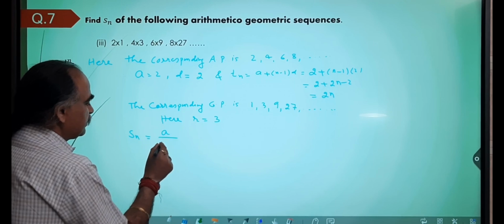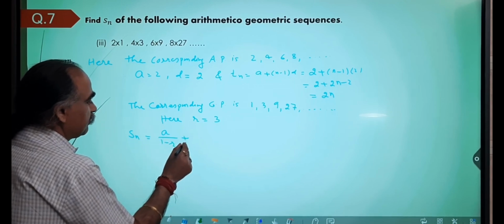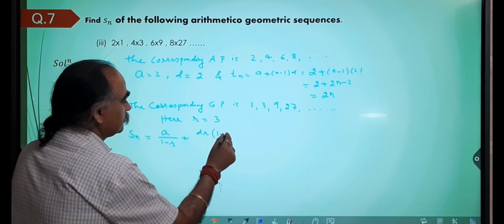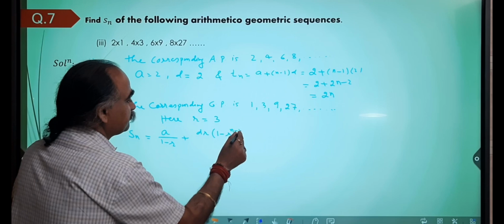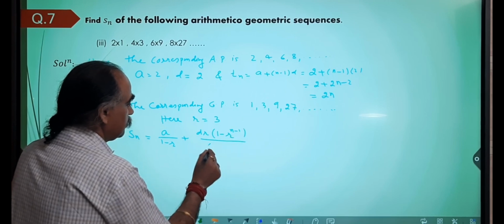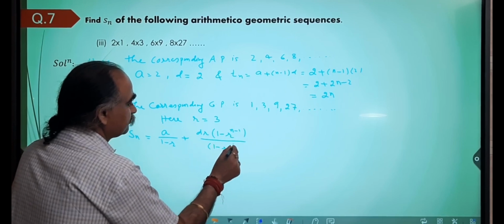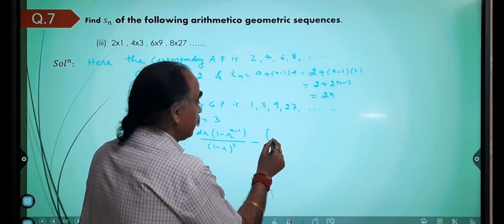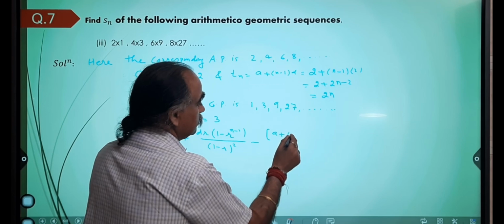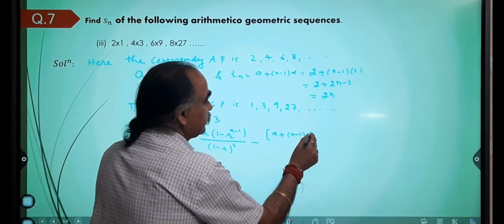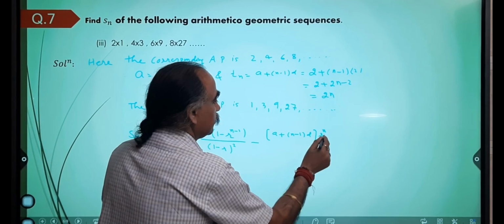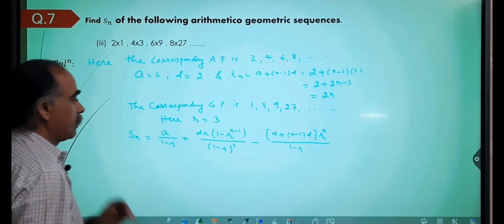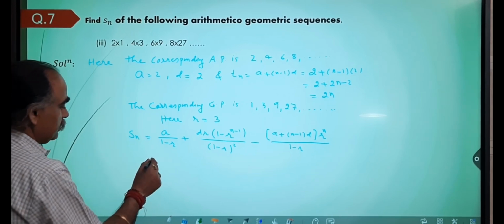So Sn of AGP is A upon 1 minus R plus dr into 1 minus r raised to n minus 1 upon 1 minus r square, minus A plus n minus 1 into d into r raised to n upon 1 minus r. Now replace the values.